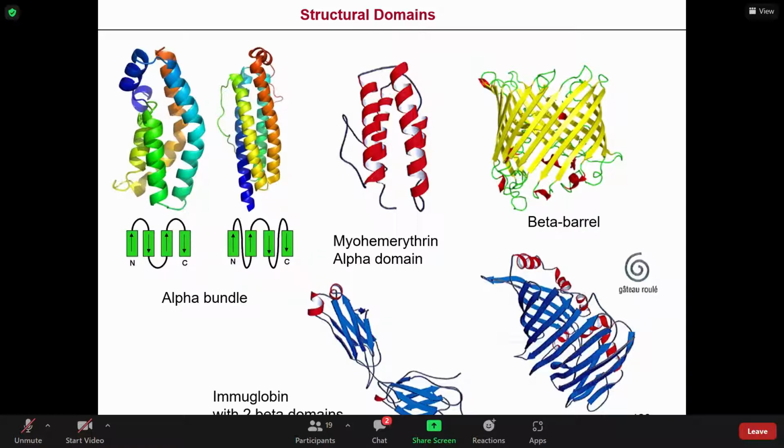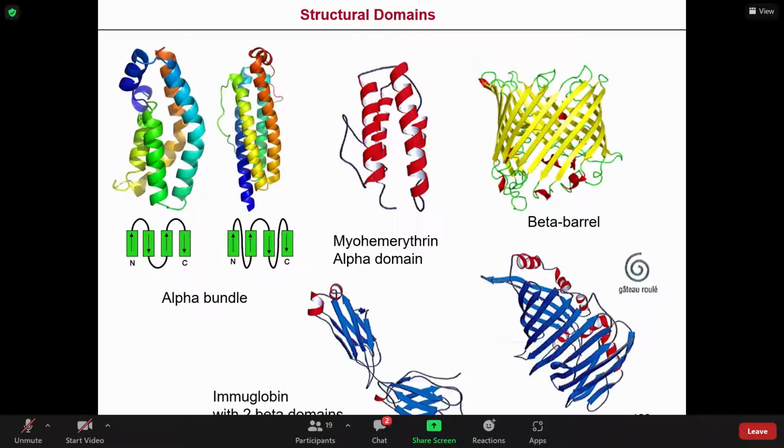Many domains are not unique to the protein produced by one gene, but instead appear in a variety of proteins. So you can find the same structural domain in several proteins. And domains are named because of their biological function or their secondary structure.